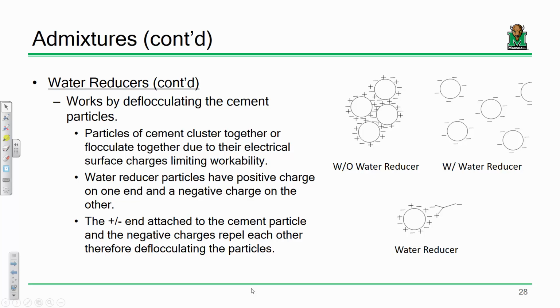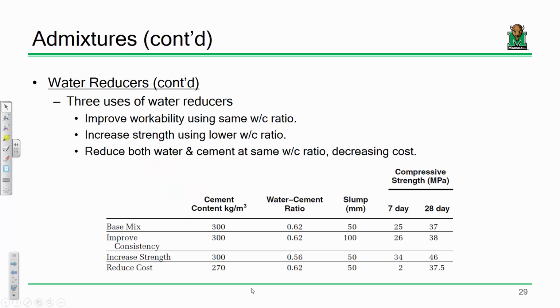So it's keeping everything separate, and it's deflocculating the particles, allowing the concrete to remain a little more workable. Now, the nice thing about water reducers and super plasticizers is they do improve workability, and again, without increasing water, okay?